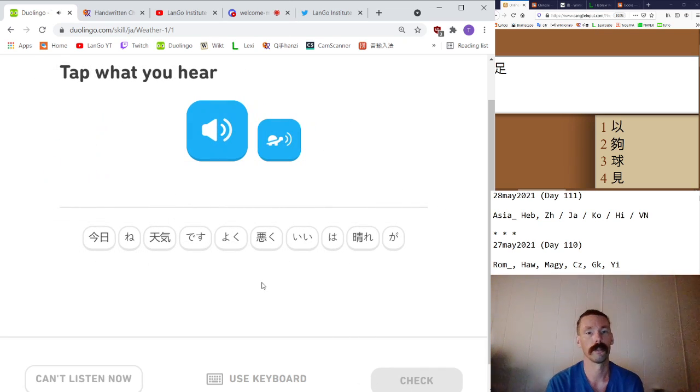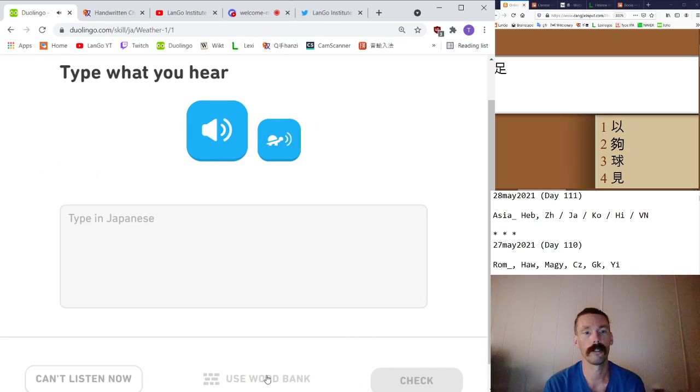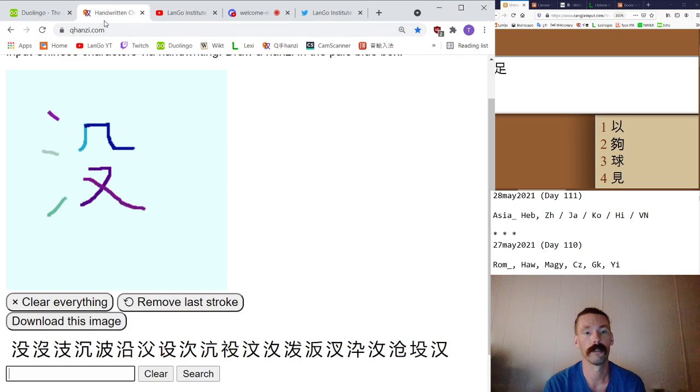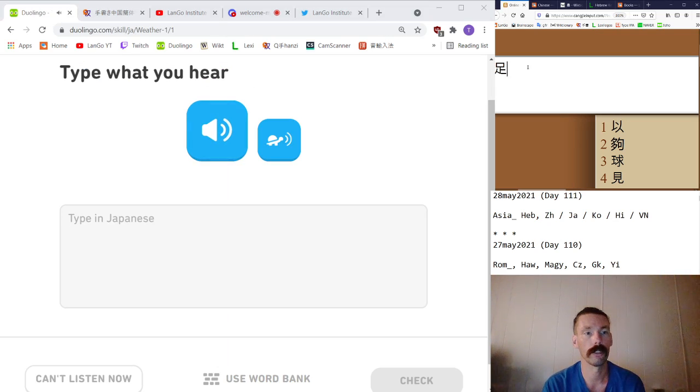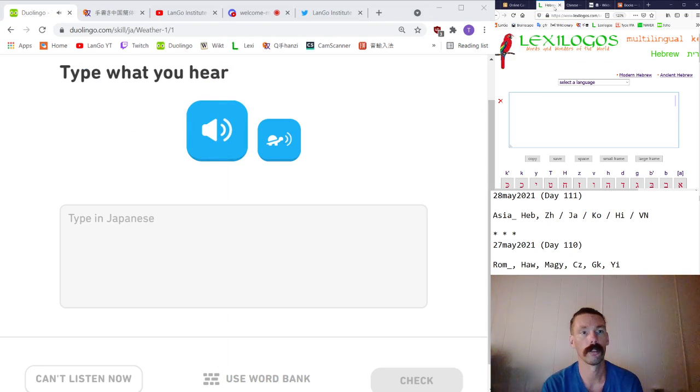Okay. Oh, it's a little warui, a little bad. For speed, I'm going to retrieve characters electronically. I have a question about the word order in this one.